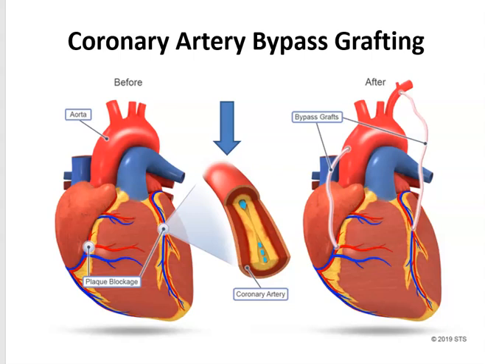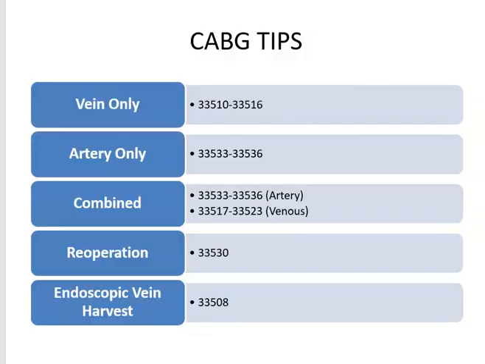All right, so what do you need to know from a coding perspective? Well, there's a couple of things. Number one, you need to know that CPT has codes that are used to identify what vessels were used in this bypass procedure.